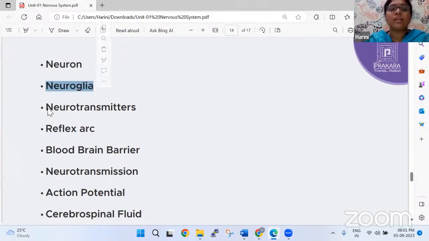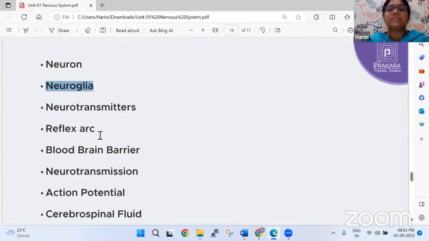And the third one is neurotransmitters, a very important one, because when you go toward your higher education, neurotransmitters is the major topic you will be extensively learning about. If you want basic knowledge, you need to understand what a neurotransmitter is.